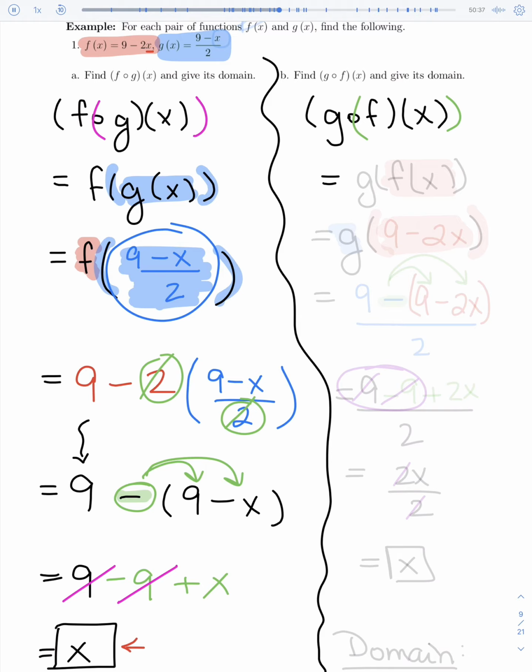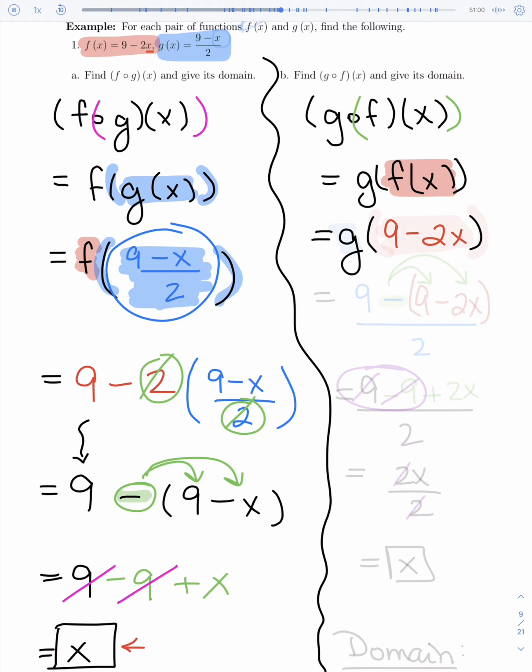So now I'm looking at g of f of x. Just like before, I'm going to start with the inside function. This time, though, the inside function is the f of x. So I can still do what I did before, which is swap that out. My f of x is 9 minus 2x.